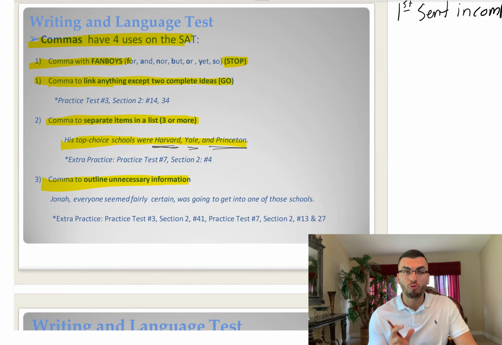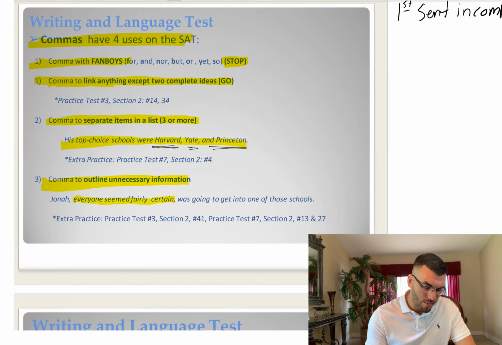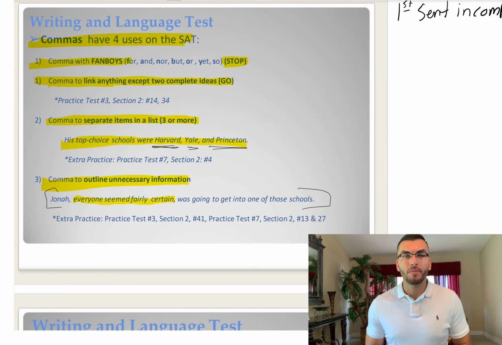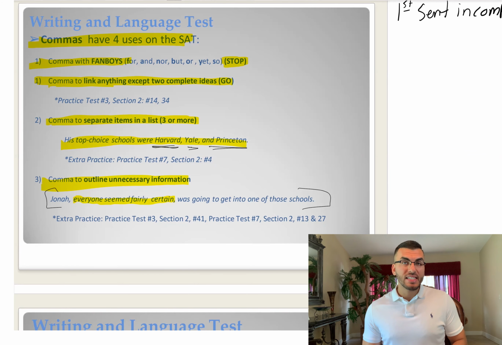Look at what's surrounded by the commas. Everyone seemed fairly certain, okay? That's what's surrounded by the commas. Is that unnecessary information? To determine if it's unnecessary information, you want to read the sentence without the information that I highlighted. You want to read the sentence without the information that's between the commas.